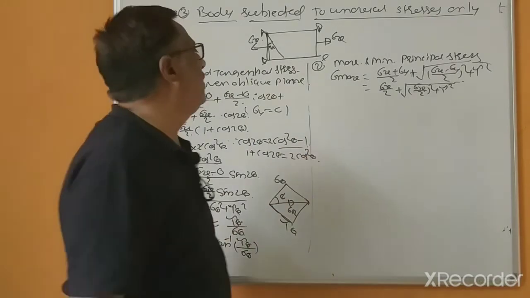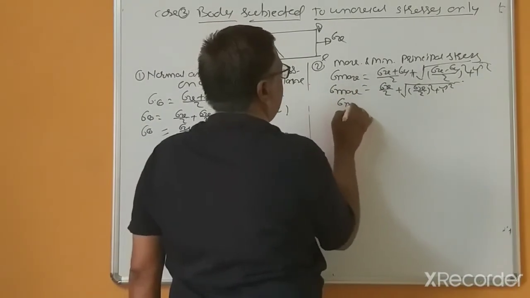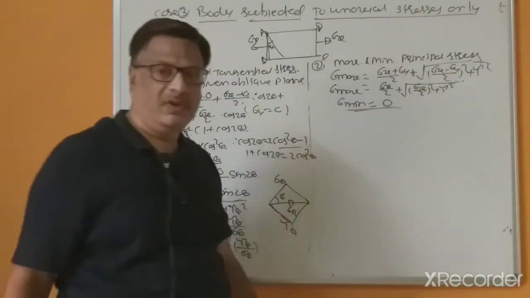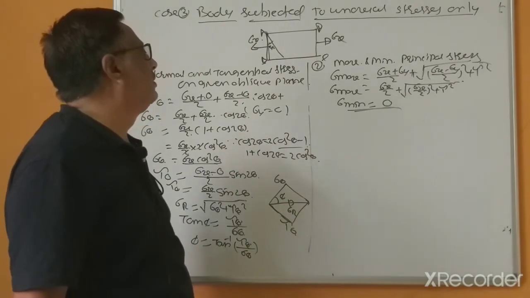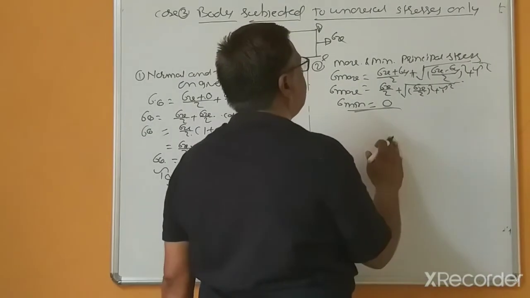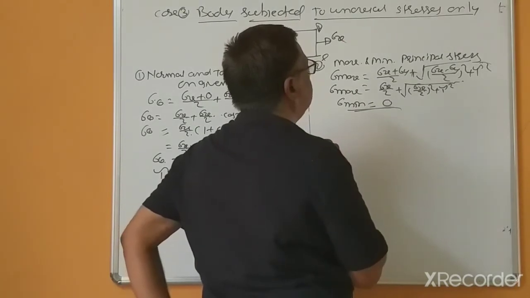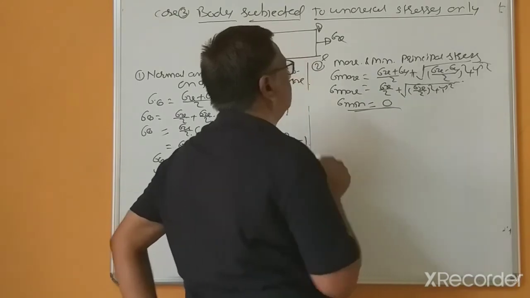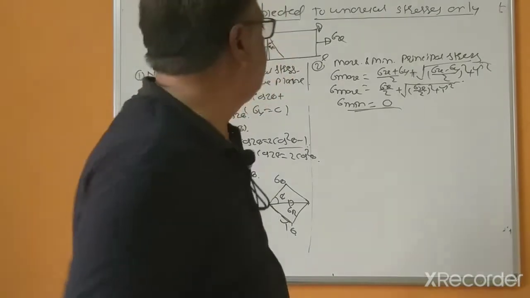Now this term is 0, so by using this formula you can calculate maximum principal stress, and minimum principal stress equal to 0 because sigma y is 0.